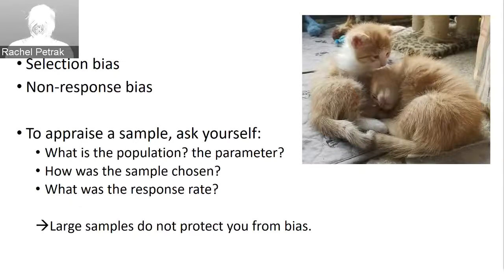And then once those rules are met, random chance needs to determine which participants from those available who meet the criteria make it into the study. The process must be random, as we'll see.